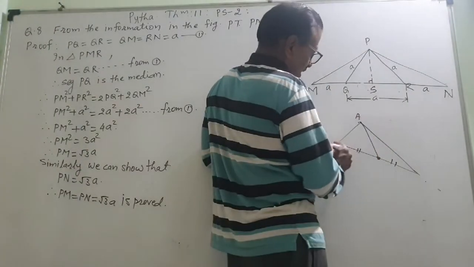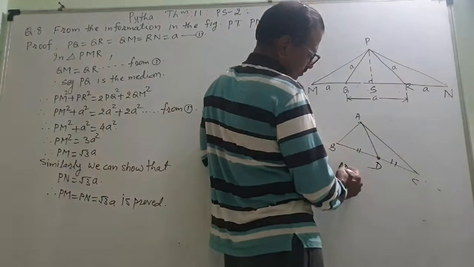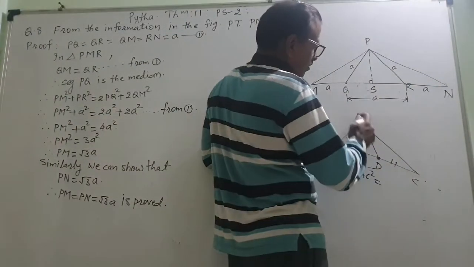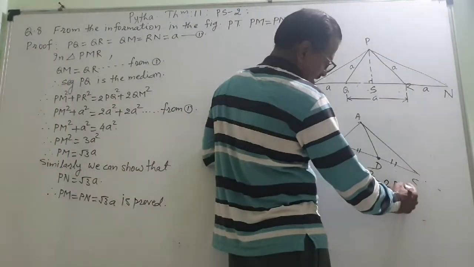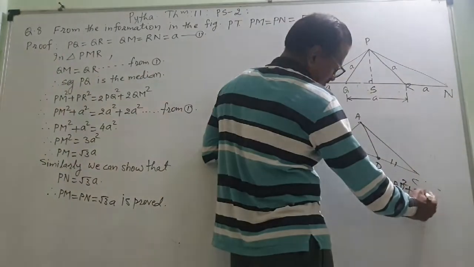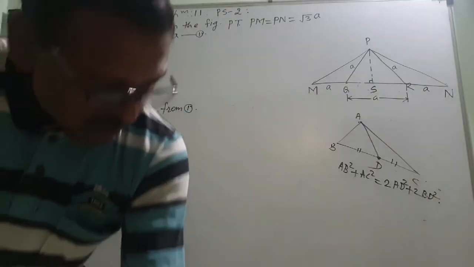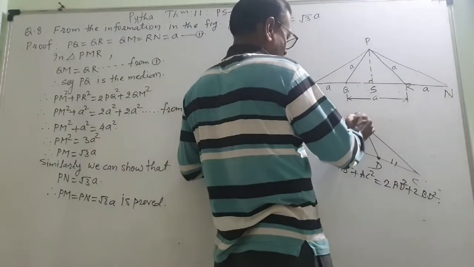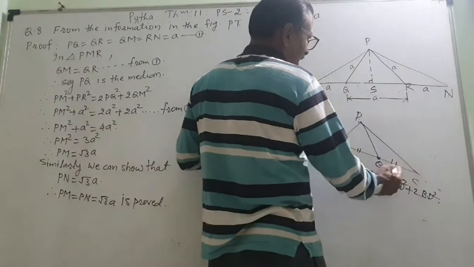Suppose this is triangle ABC, this is point D. AB square plus AC square is equal to 2 times AD square plus 2 times median square, so 2 times BD square. This way I can solve. Okay. So now the same way, the names here are P, here it is M, this point is Q, and this point is R.